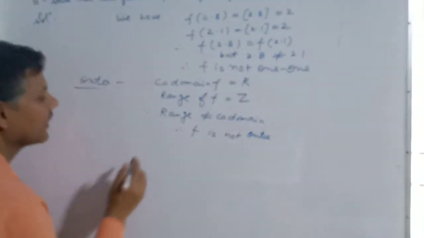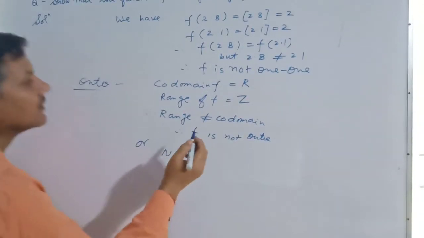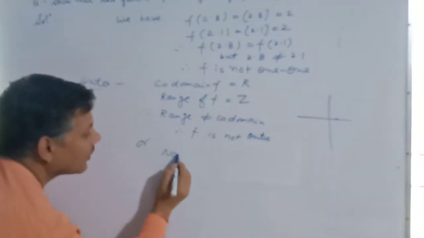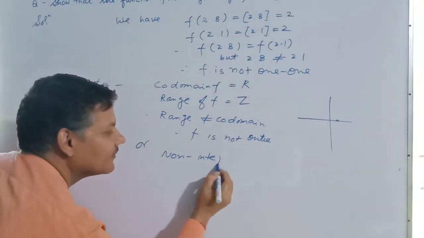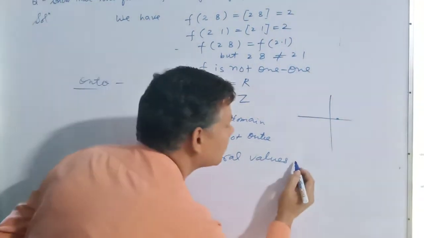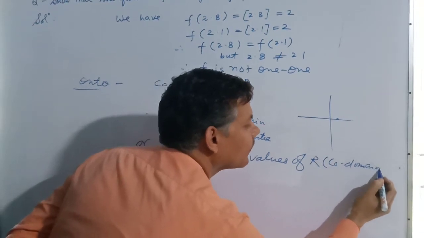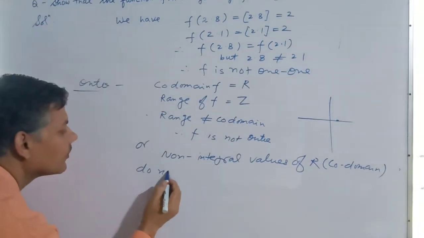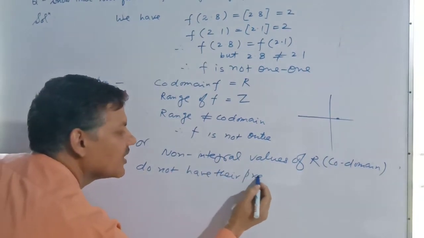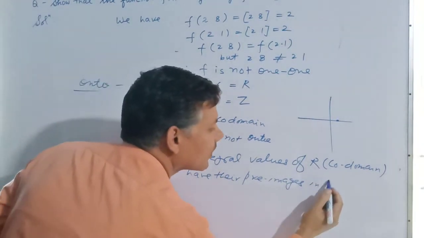Here we may write non-integral values of its codomain R, that is called codomain, do not have their pre-images in the domain of the function.